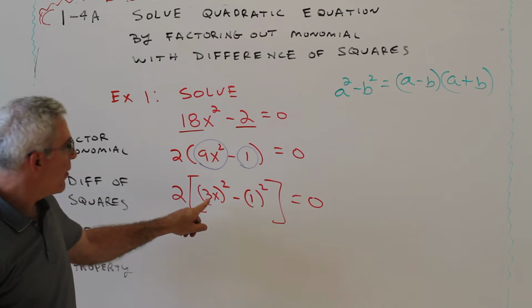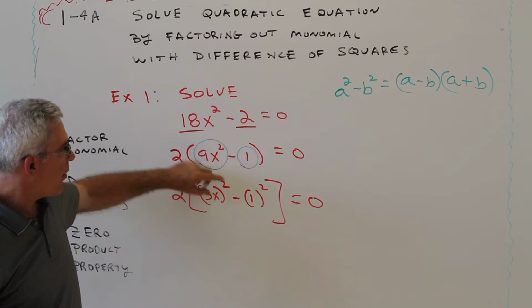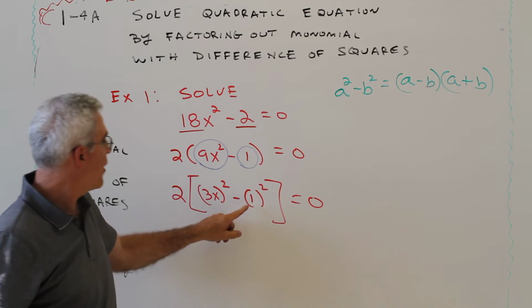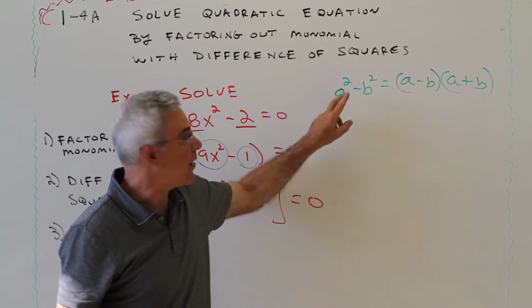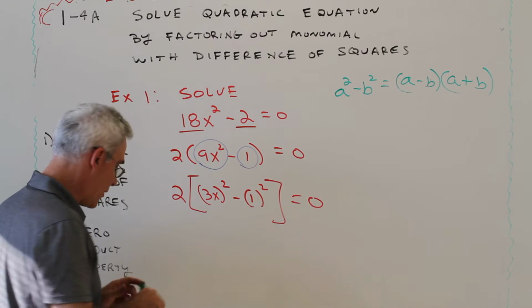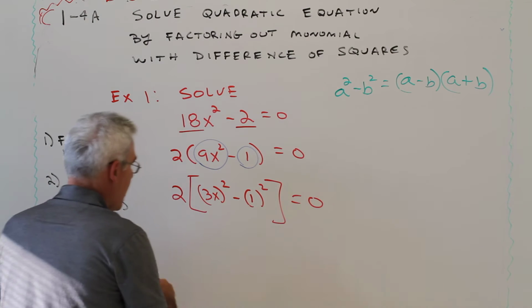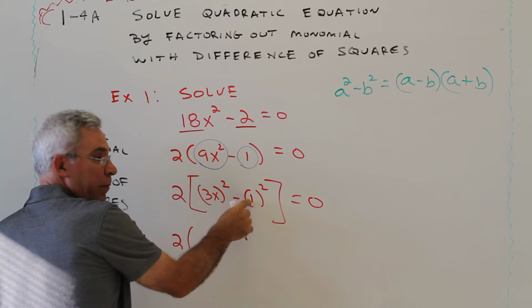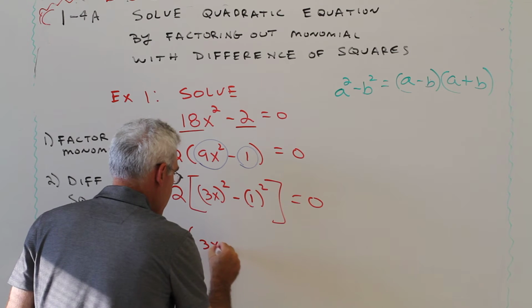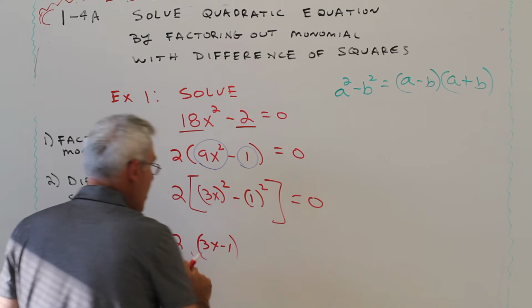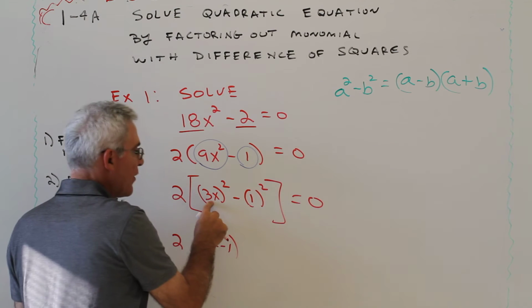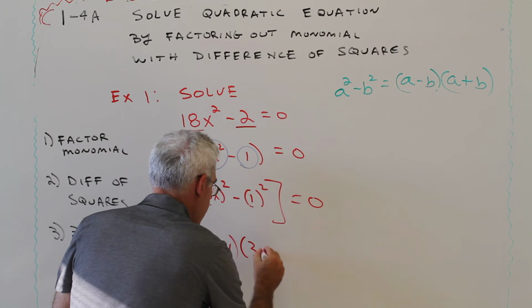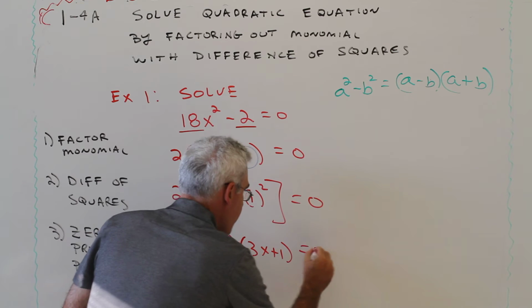So over here, if we got (3x) squared minus 1 squared, 3x is like the a and 1 is like the b. All right, so I'm going to rewrite this as 2 times inside stuff minus inside stuff times inside stuff plus inside stuff equals 0.